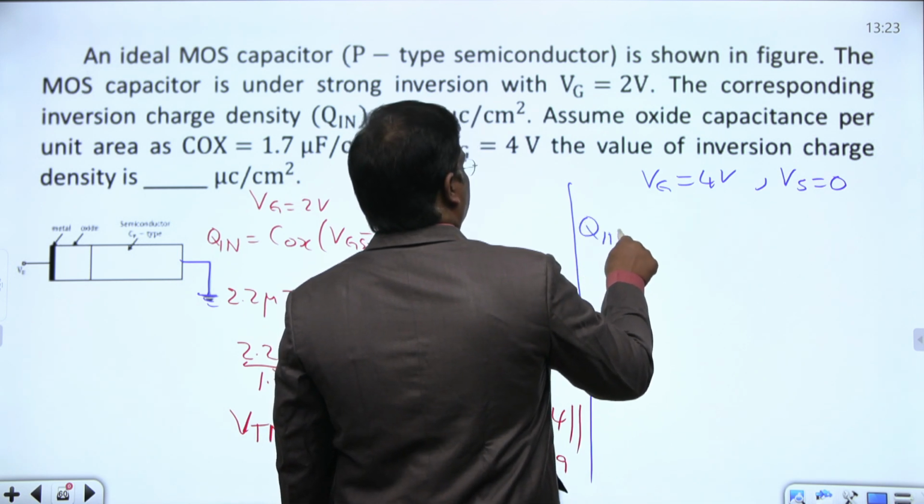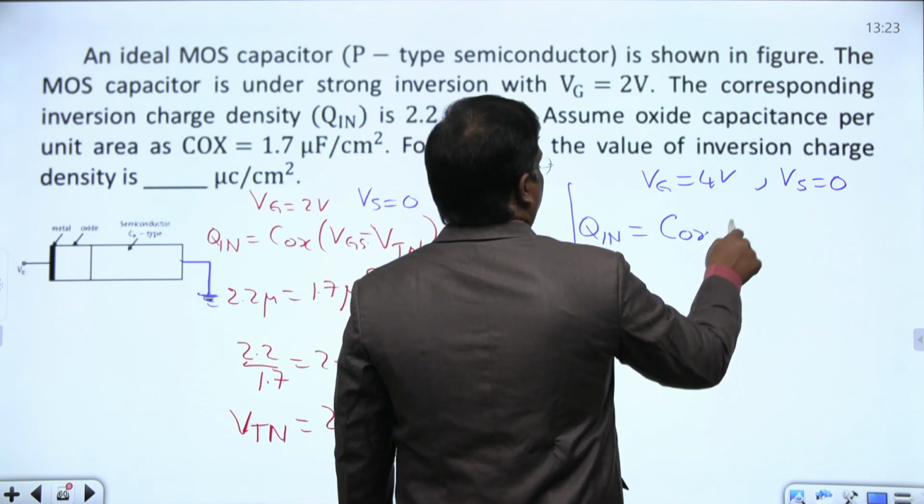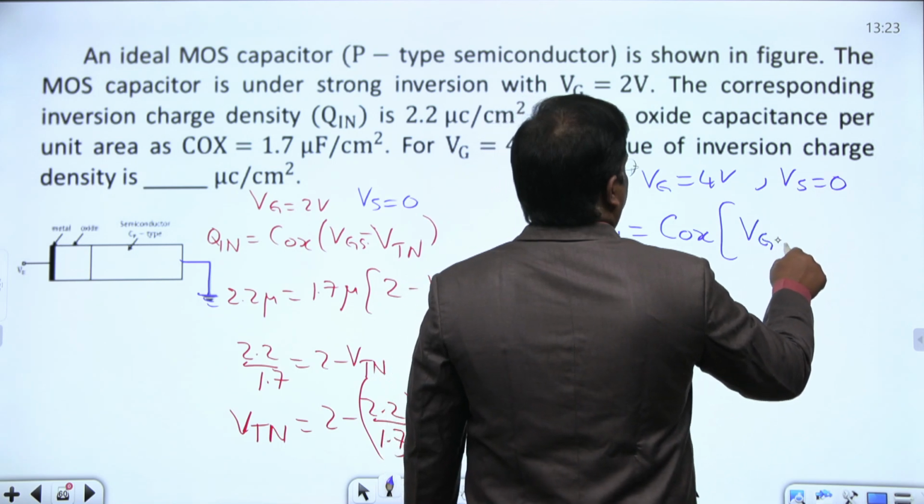Q inversion charge equals Cox into VGS minus VTN.